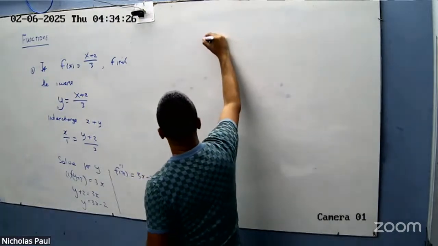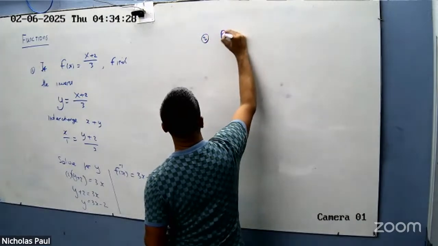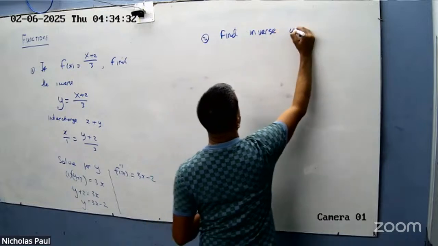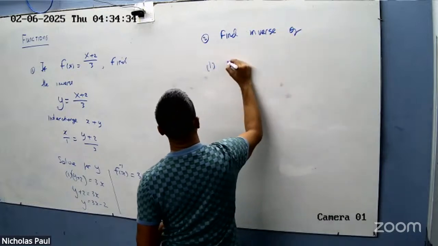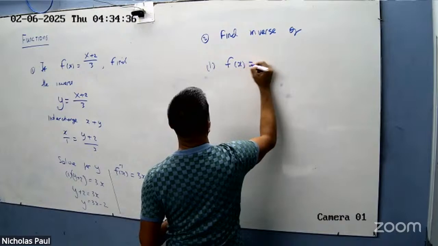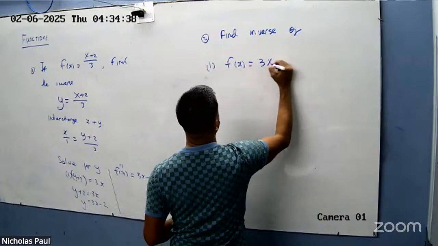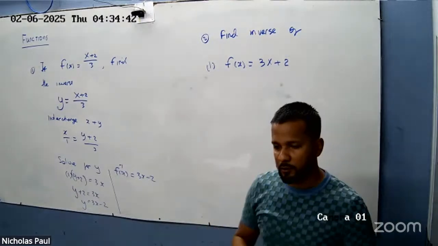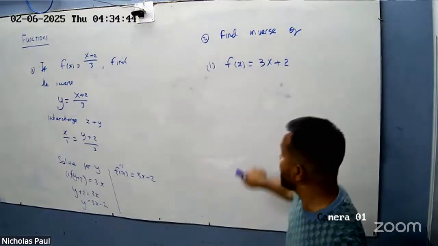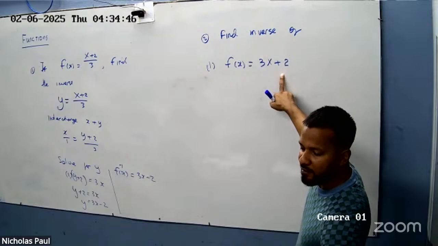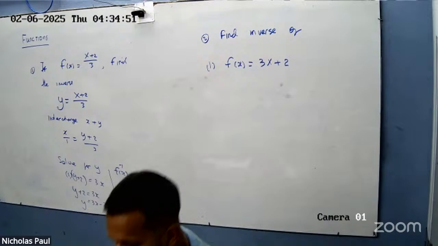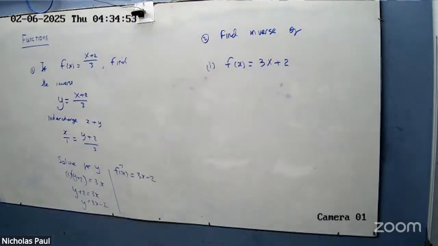Right, and we have a very easy one here. Please find the inverse of 3x plus 2. I'll call somebody to the board. Your name starts with an M, I'm calling you.